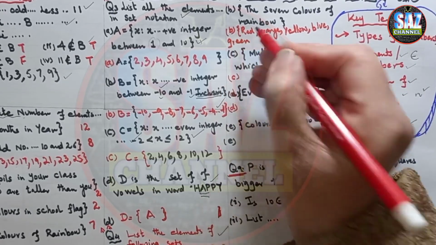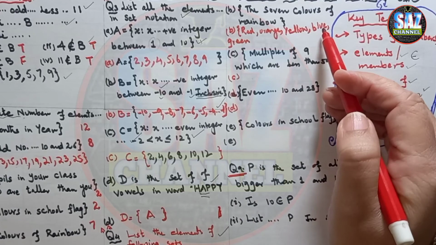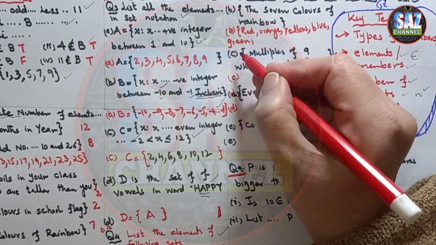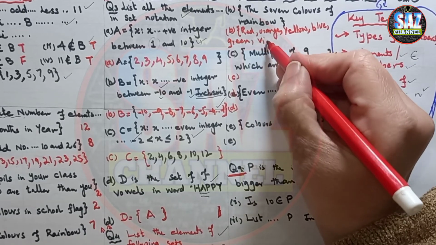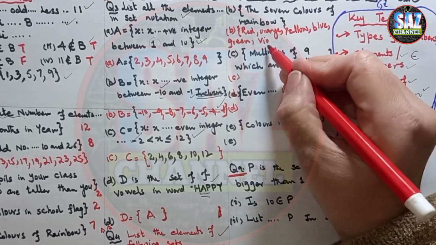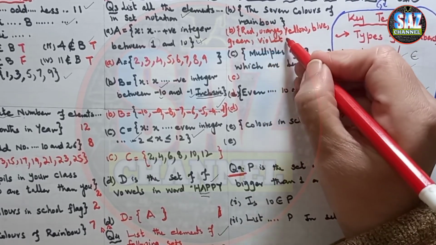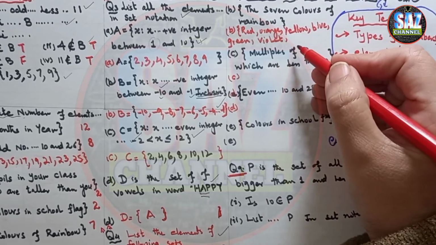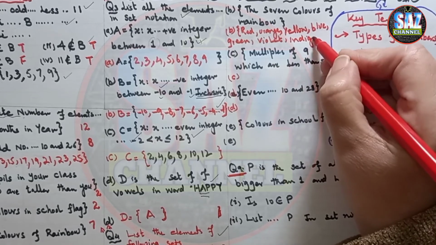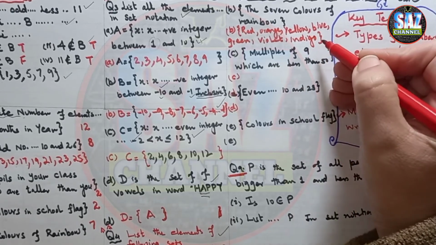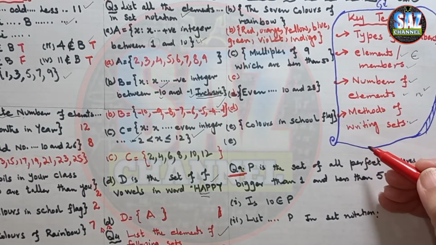Okay, how many colors have I written? 1, 2, 3, 4 and 5, and then 2 are left. They are violet, and one more color, that is indigo. I hope you are clear how we are writing the elements of the given sets.